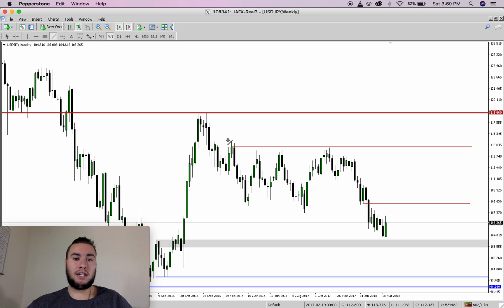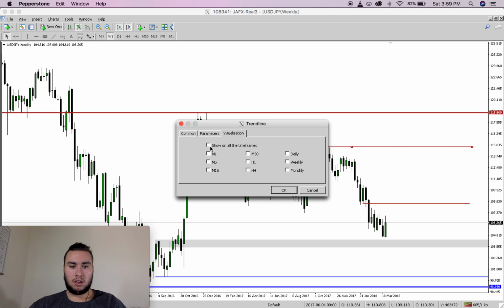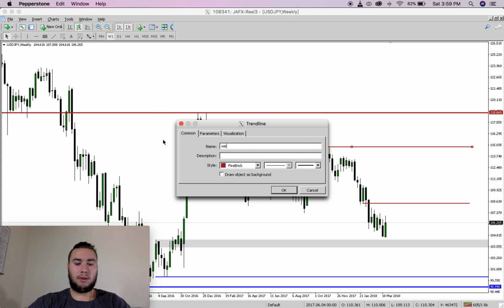That's another thing ICT teaches, and there's a lot of liquidity. So we're going to be looking for the market to eventually trade back up here to clear out the liquidity that's up there. So I'm going to keep that level marked out, check off the little boxes, and name this weekly resistance level.